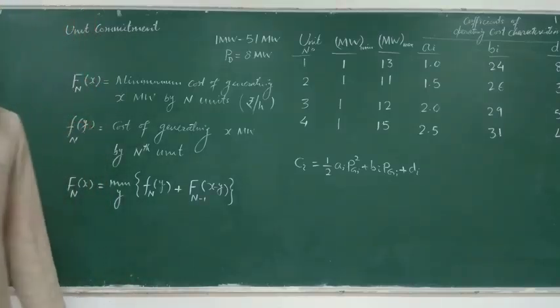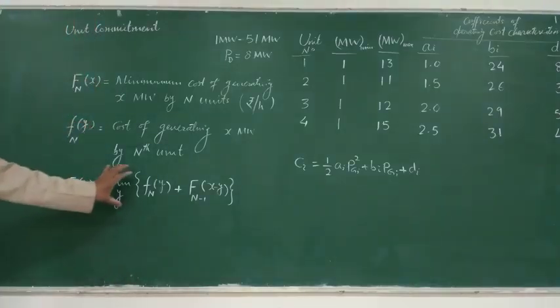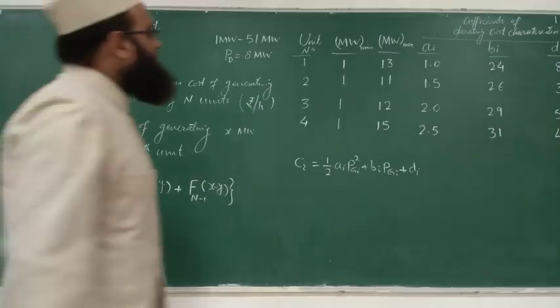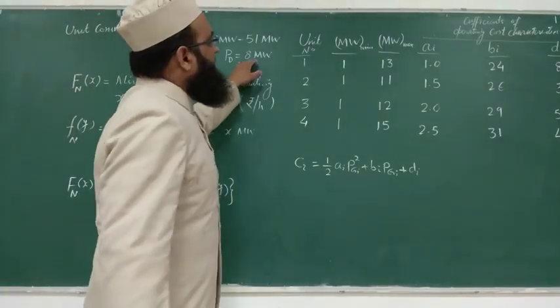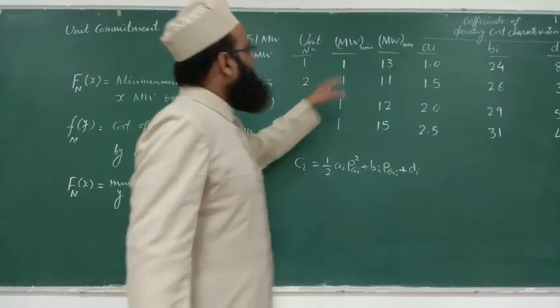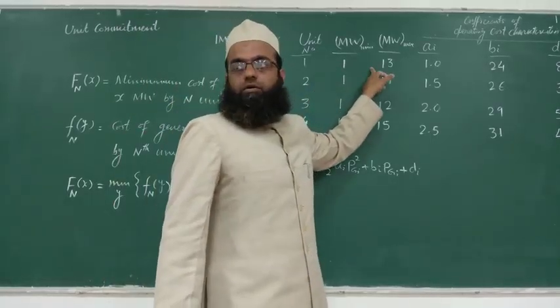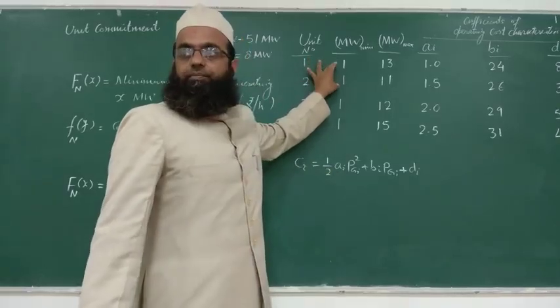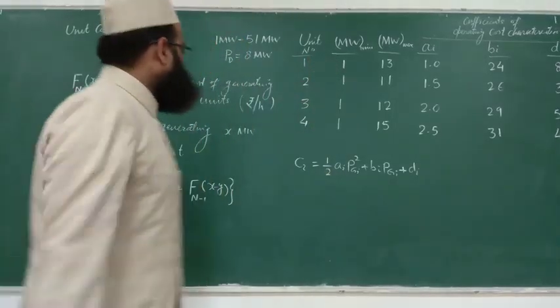So what will we do? We will solve this. So how to solve this? First we will solve for when 8 megawatt is loaded, given this load is given to unit 1 alone. Then we will check any combination. Okay, we will start.